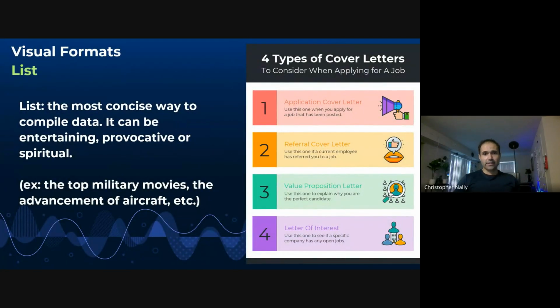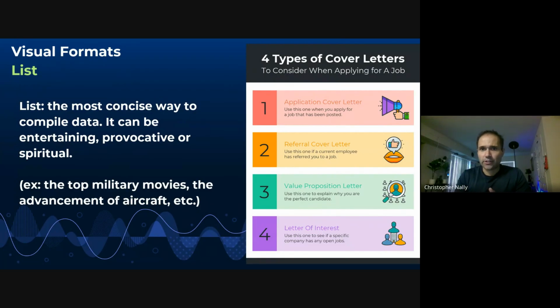And then we have the list, and the list is basically a very simple list of items, and it can be one of the most effective when your topic is not very complex in nature and you don't need to break it down so your audience can easily digest a lot of information.